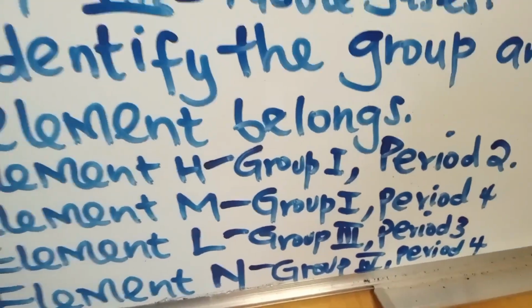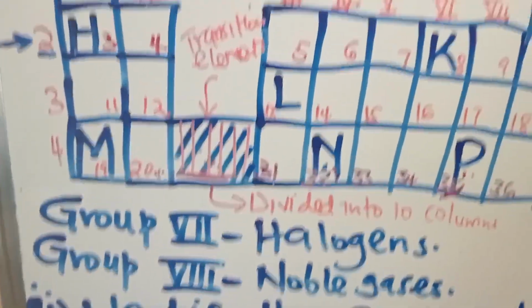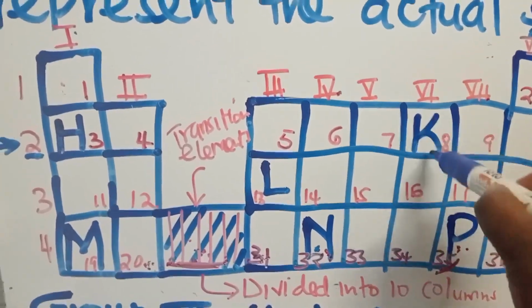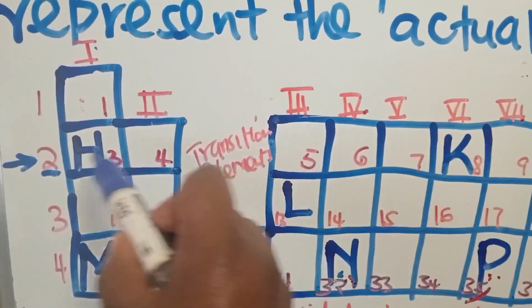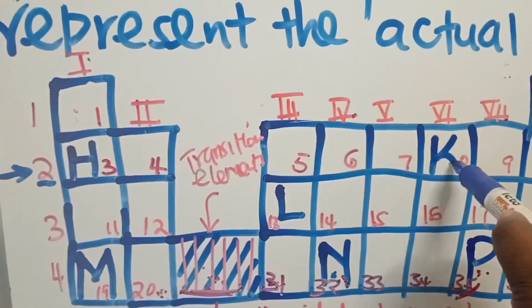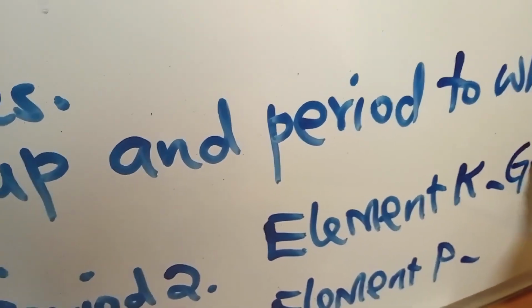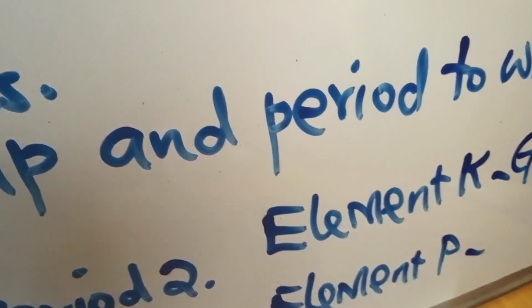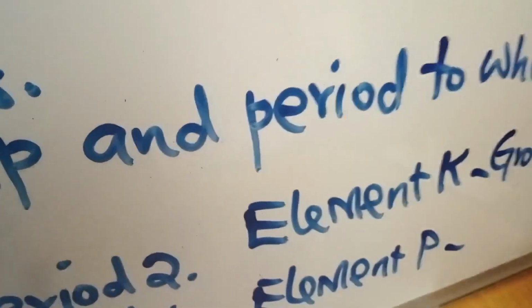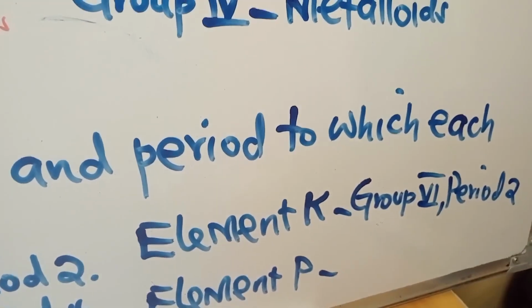We go to K. K, up here we have 6, so group 6, and it intersects with 2 on the other side. So group 6, period 2.